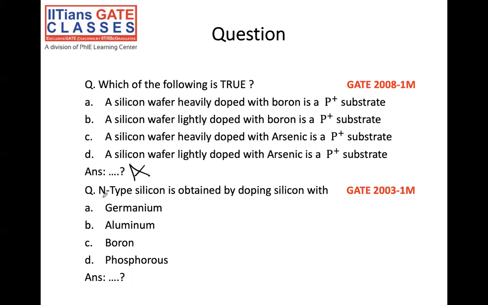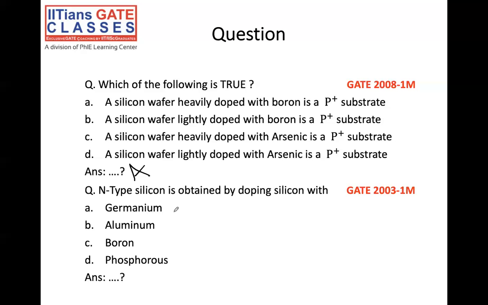Another question is, n-type silicon is obtained by doping silicon with germanium. It is an intrinsic semiconductor, so we cannot make any n-type or p-type with germanium. Aluminium, which is an acceptor impurity, and boron, which is an acceptor impurity, make p-type only. Phosphorus makes n-type, it is a donor impurity.